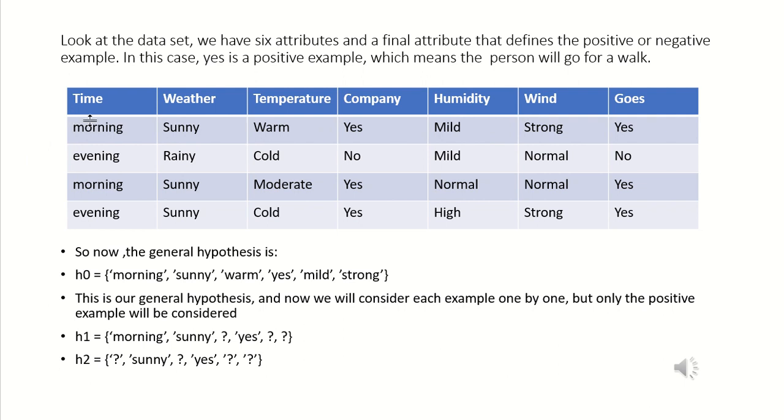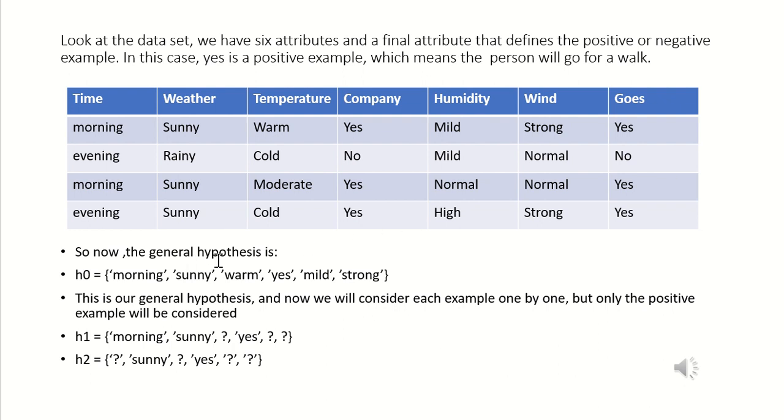If the time is evening, weather is rainy, temperature is cold, there's no company for him, and humidity is mild. Wind is normal, and he is not going for a walk. Let's see the explanation.